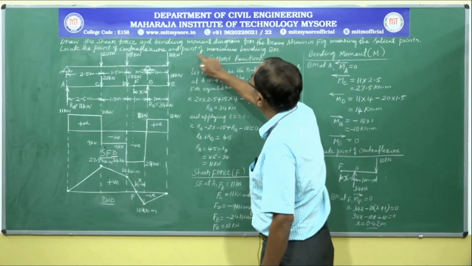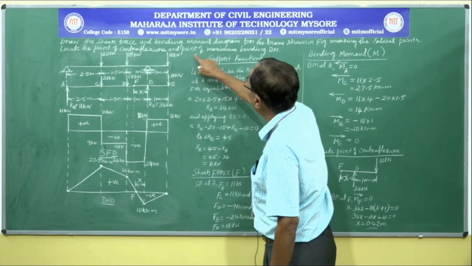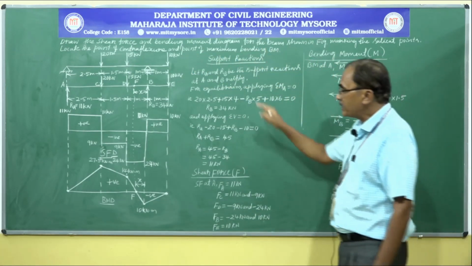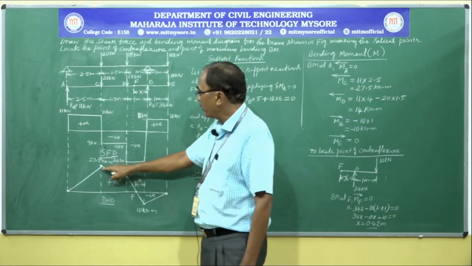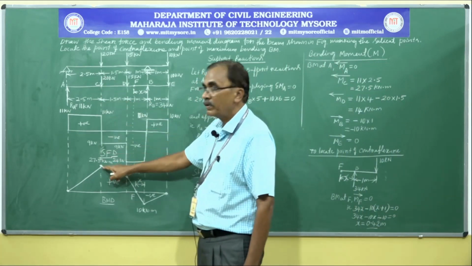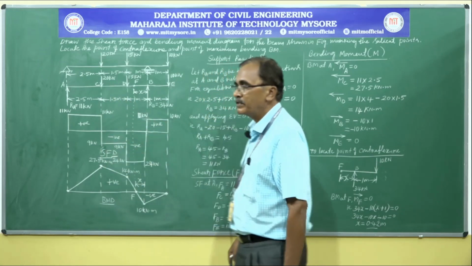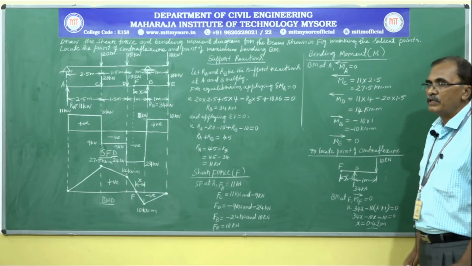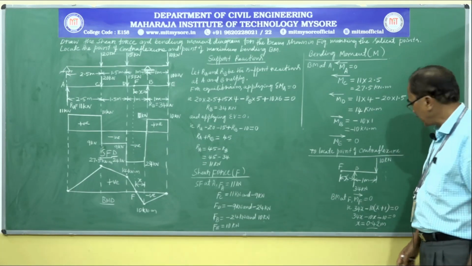Another value is asked here, point of maximum bending moment. We can see here on the bending moment diagram, the maximum bending moment occurs at point C, and it closely matches our discussion that bending moment is maximum where shear force changes its sign from positive to negative.